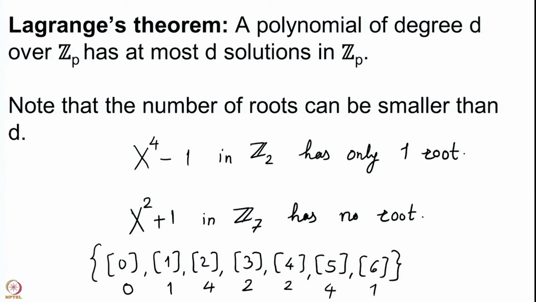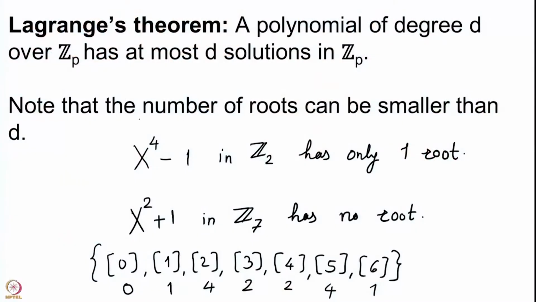So, there is no solution to x square plus 1. X square plus 1 is the same as x square minus 6 when you are looking at Z7. So, there are no solutions at all. The degree of the equation is 2, the number of elements in Z7 is 7. You could have had 2 solutions, 1 solution, but this equation has no solution. So, this is indeed an instance where the number of roots is smaller than the degree d.